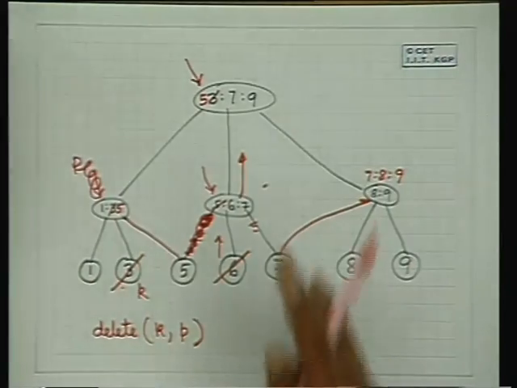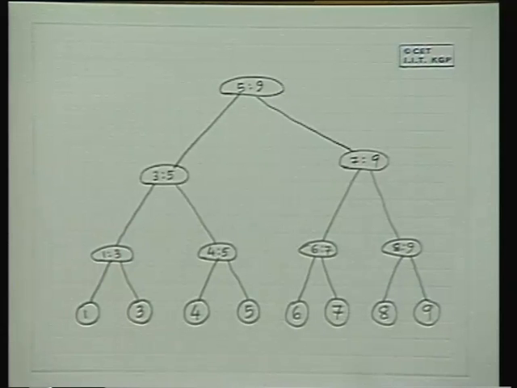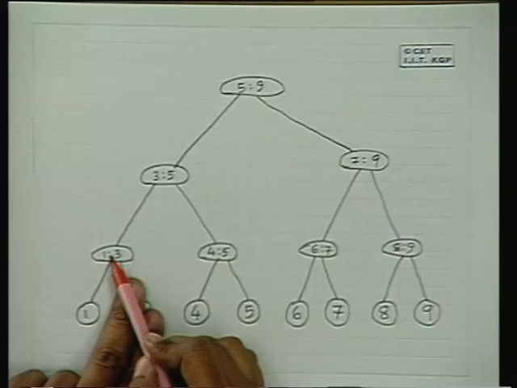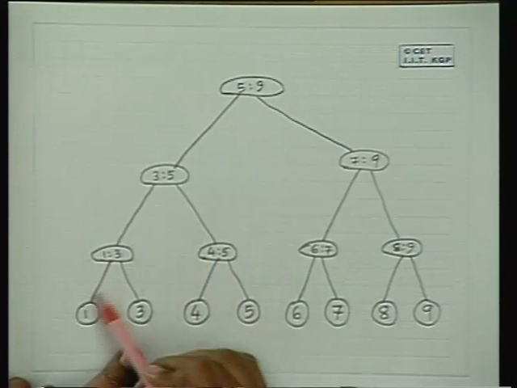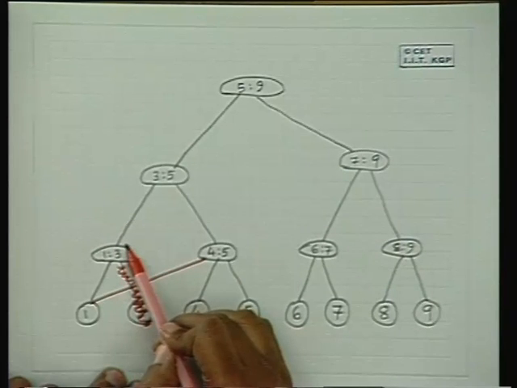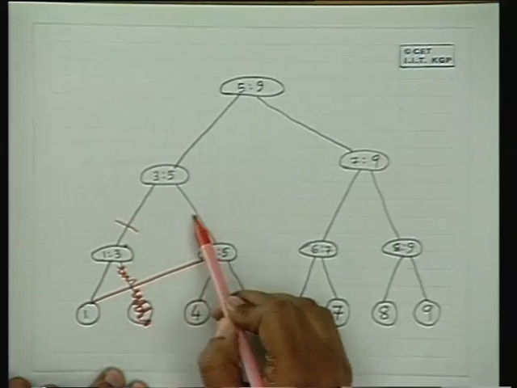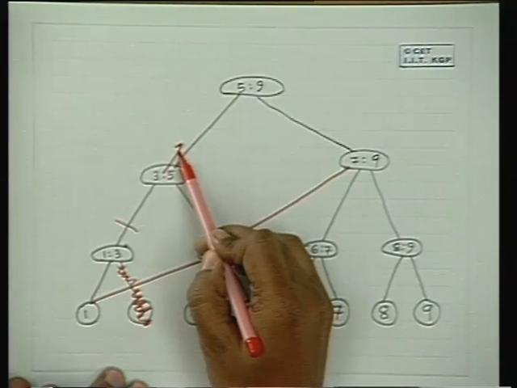Similarly, you can try this one, and in this one, you delete any one. You delete, say 3. This will shift here. Okay, so this will shift. 1 will shift here. 3 will get deleted. This will have to get deleted. To delete this will shift here. This will get deleted.